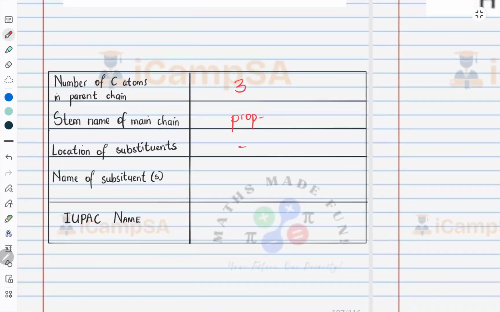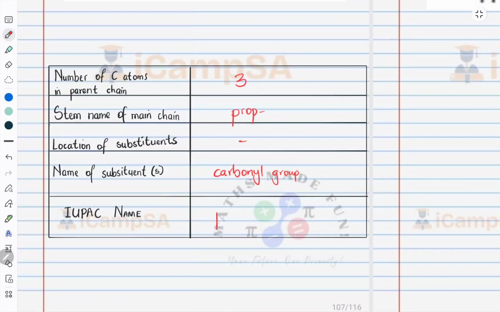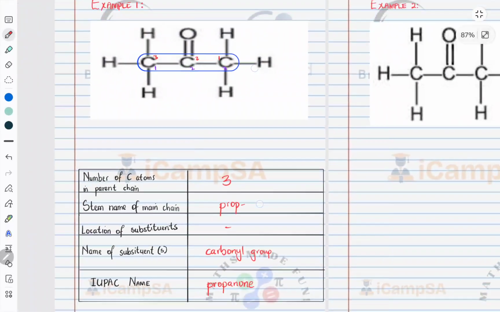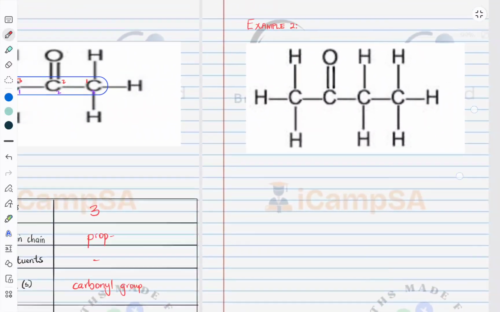We only have the carbonyl group as a substituent, so its location is not really important here. Right, and then the IUPAC name will simply be propanone. We've already explained why that is, right? So let's go ahead and check example 2 now.